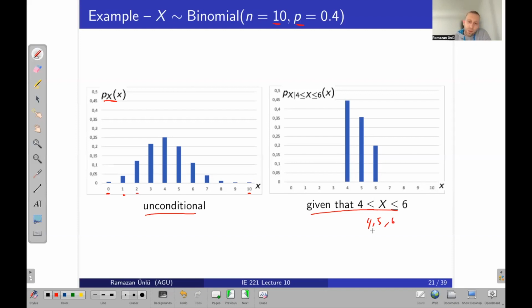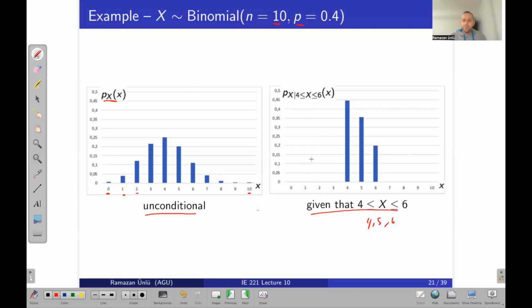Let me ask you this: in the unconditional situation, what is the probability that x is equal to 4? For sure, that is less than the probability of x equal to 4 if I know the x value is 4 or 5 or 6. So I have to scale up the probability of x equal to 4 from the unconditional situation, given some extra information.